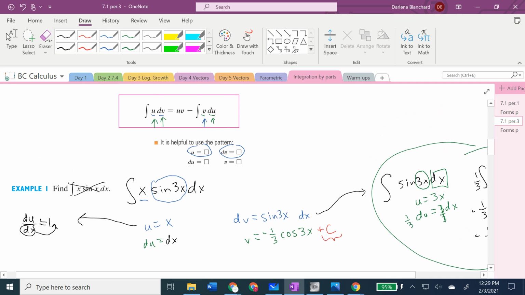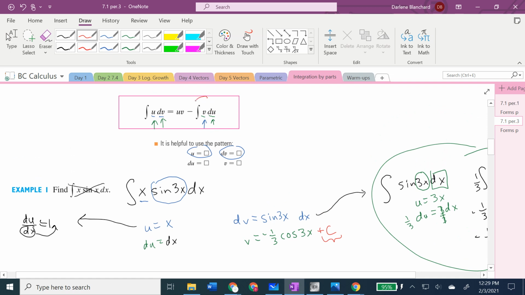Because realize we are creating an integral that we are going to then be integrating and getting its plus c. So this plus c will be absorbed into this integral's plus c. But the algebra is painstakingly long. Do yourself a favor and don't put that plus c at that moment.